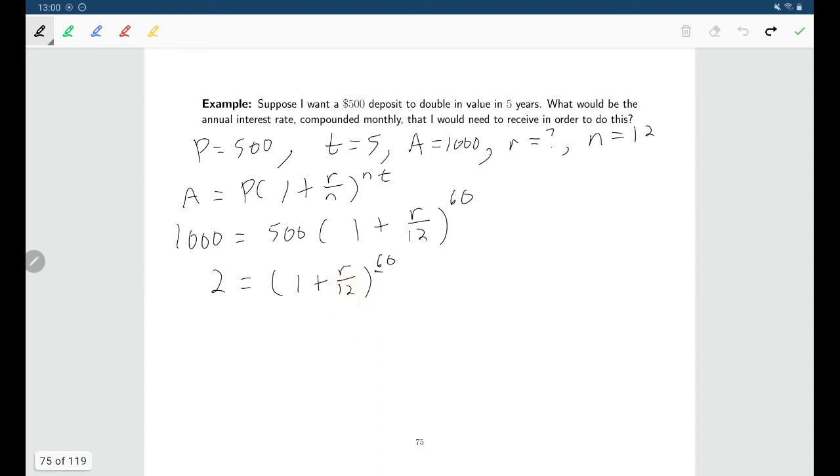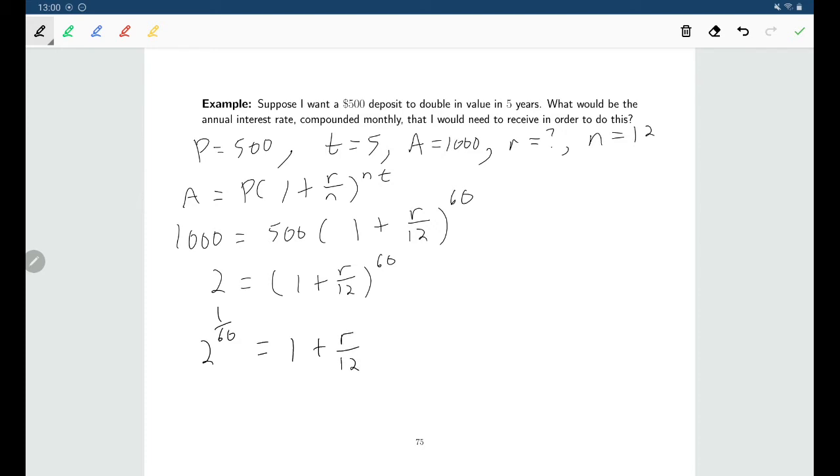I know how I can get rid of that power of 60. The opposite of power of 60 would be the 60th root. So if I took the 60th root of both sides, and instead of writing it as 60th root, I'm going to write it as power of 1/60. When you take the 60th root of the right side, the power of 60 will be gone.